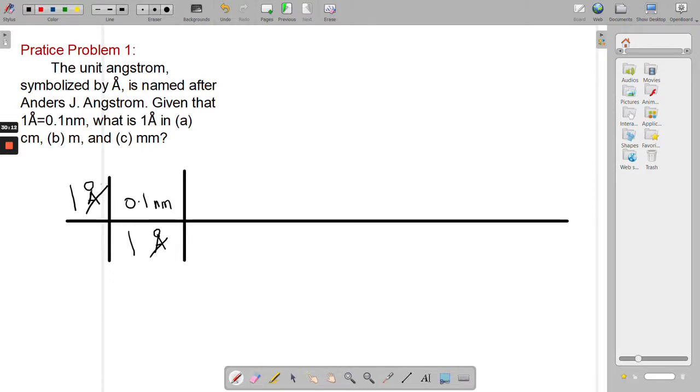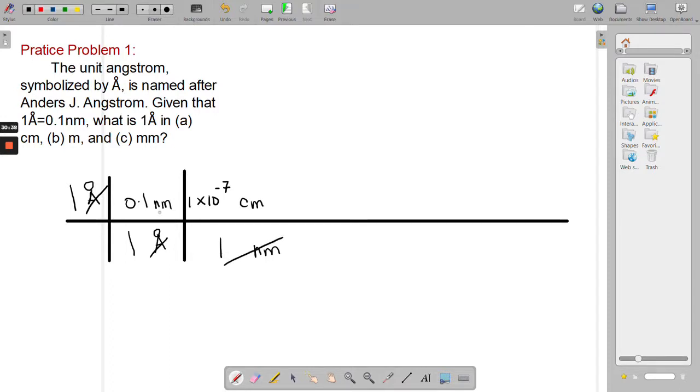And then since we're not looking for nanometers, we're looking for centimeters, let's write centimeter here and nanometer at the bottom. So we know that there's 1 times 10 raised to negative 7 centimeters in 1 nanometer.